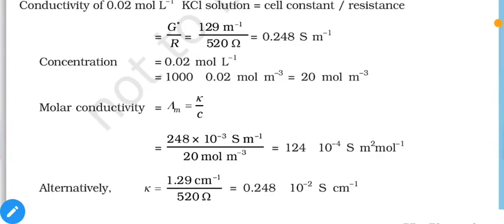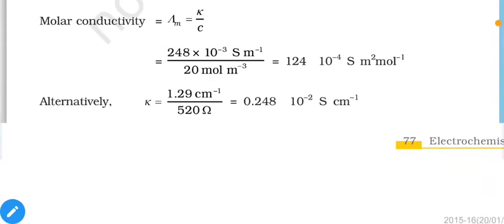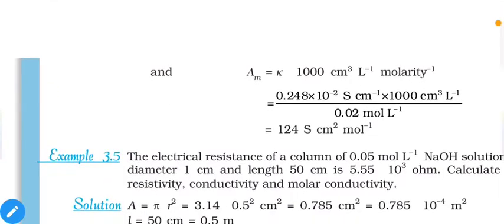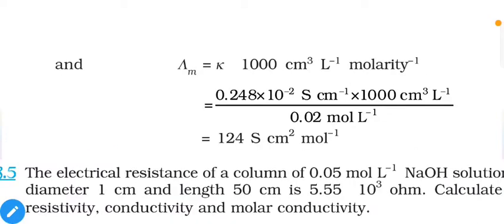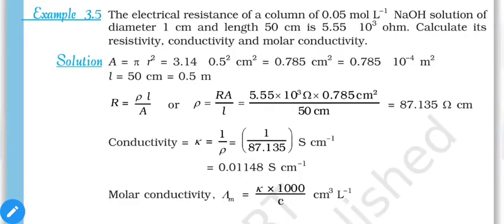Or secondly, kappa is equal to 1.29 divided by 520, which is 0.248, and lambda is equal to kappa into 1000 divided by molarity. So it will be 0.248 multiplied by 10 raised to minus 2 multiplied by 1000 divided by concentration 0.02, which is equal to 124 again. So you will get the same value with a different unit.